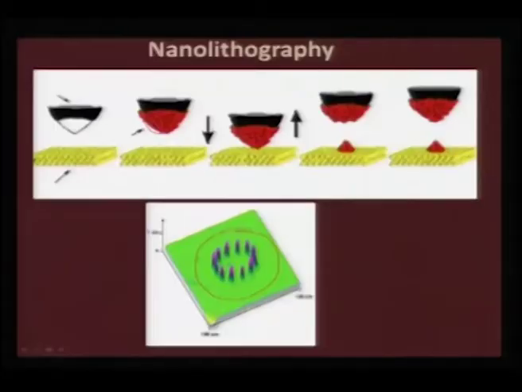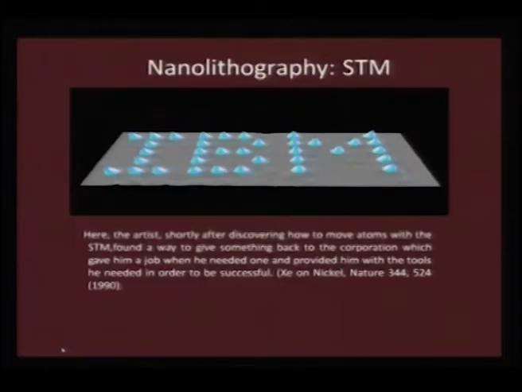So, this is possible because you can take some adatoms onto the STM tip, and then by applying the voltage you can dump those sticking atoms onto the surface, and such techniques are useful to make any sort of device applications.